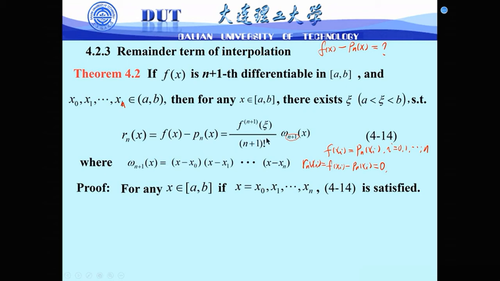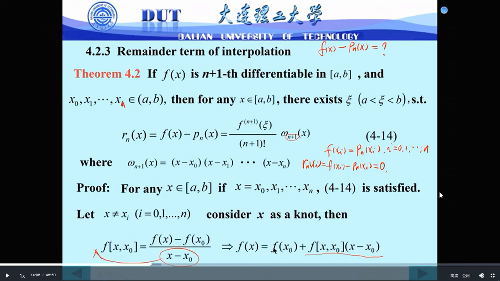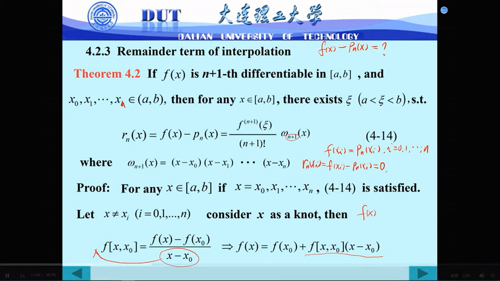Now consider one node. That means if we just use f(x0) to approximate f(x), then this is the error term.